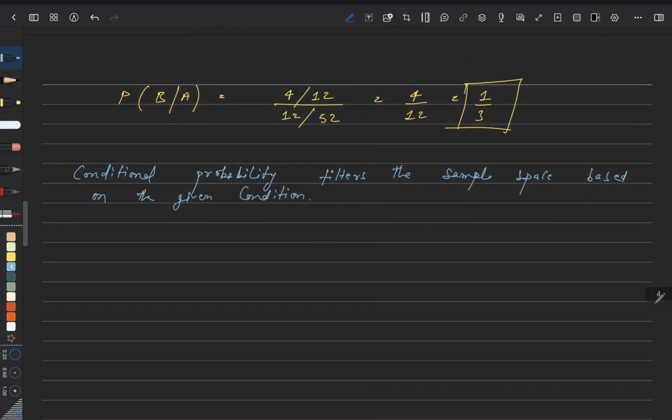So one edge case is where A and B are independent events.